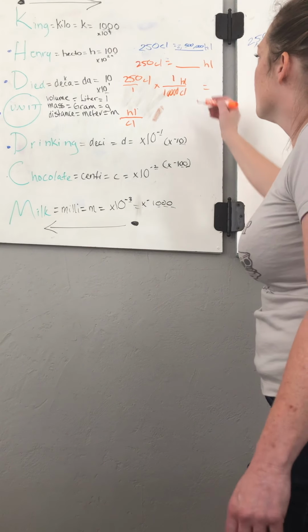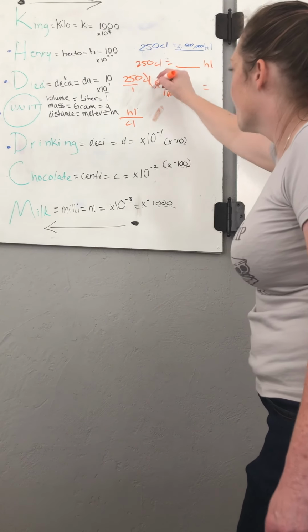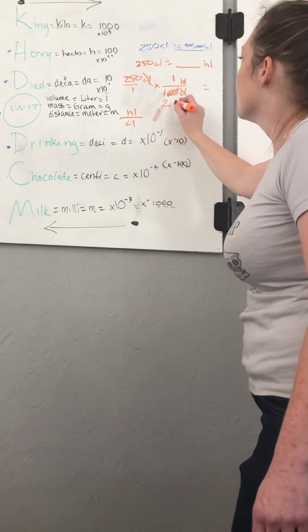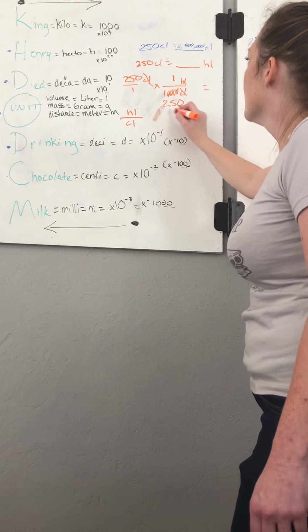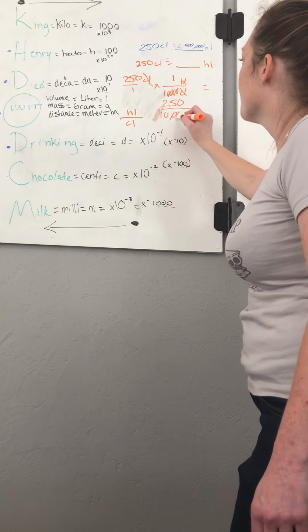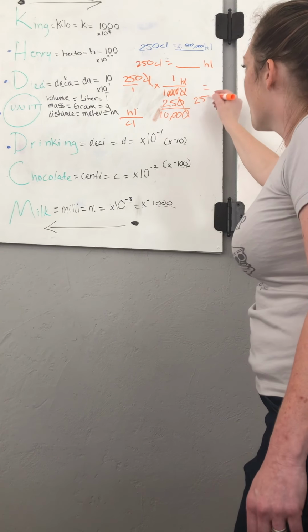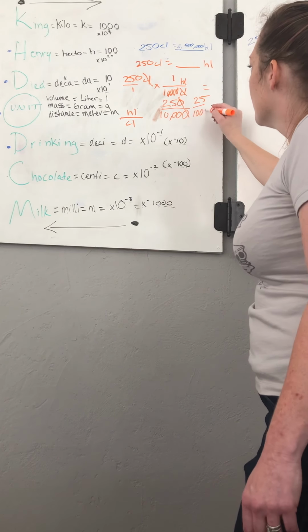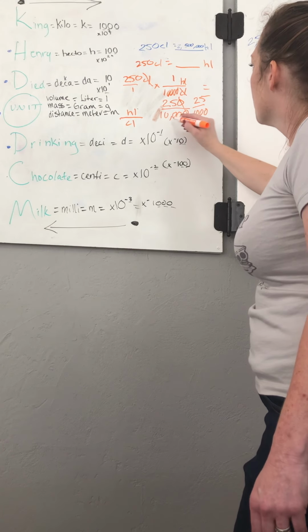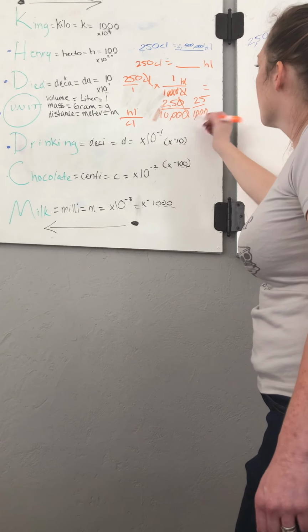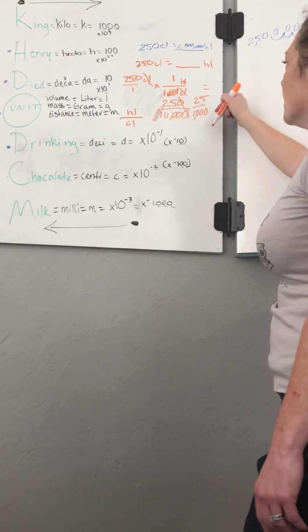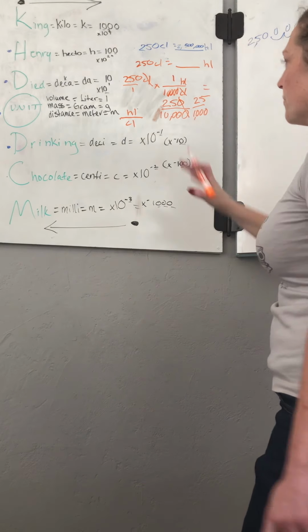And now you can cross out centiliters and cross out centiliters. So now what you have is 250 over 10,000, and you can cross out zeros. So you have 25 over 1,000, and then you continue reducing all the way down.